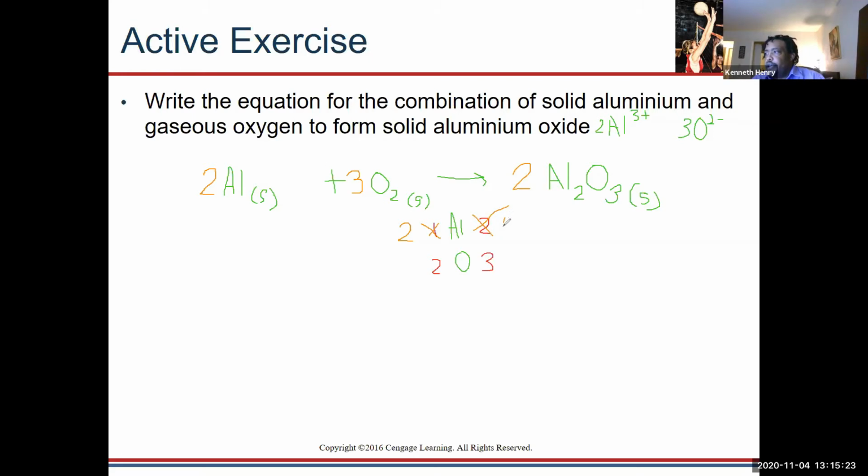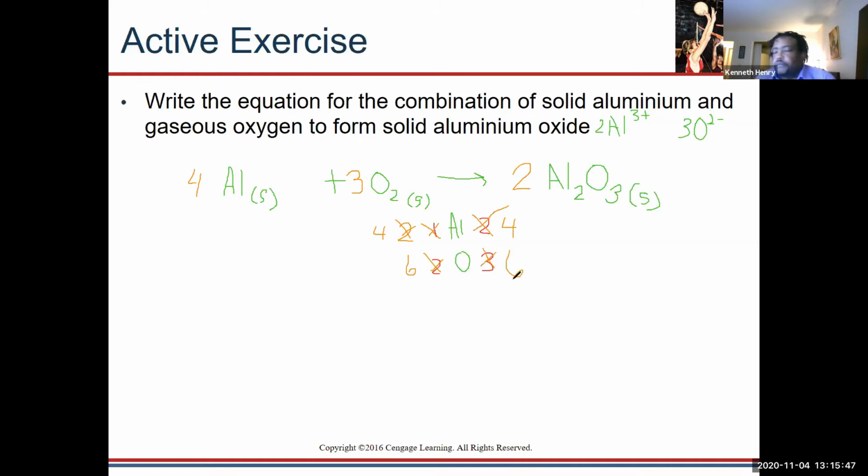So then now I have 4 aluminum. So what do I need to do? Change the coefficient to a 4. Okay. So we have 6 oxygen on both sides.